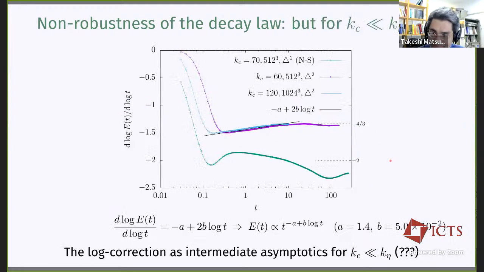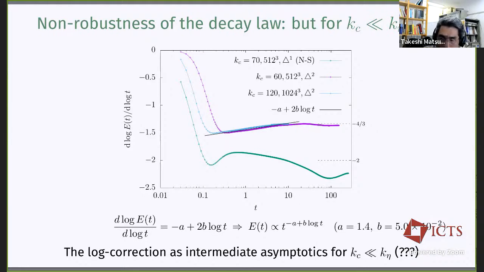Okay, so I argued the behavior. We observed some strange behavior, and those constants A and B depend on Kc, the wave number where your initial condition is localized. Maybe one question we can address is, let's take this localized wave number to be much smaller than the dissipation wave number.